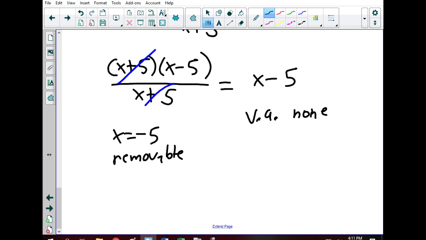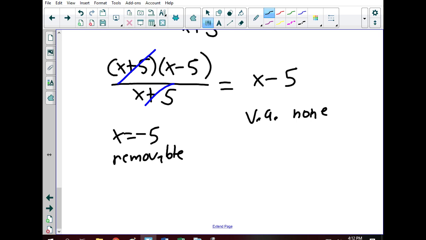In this example, there isn't a denominator left. And let me say that more specifically, it's the value which makes your denominator 0 when the function is in its most simplified form. So x minus 5 is a function in its most simplified form, but it has no denominator, so that denominator will never be 0, and so that's why it doesn't have a vertical asymptote, or what we call an infinite discontinuity.